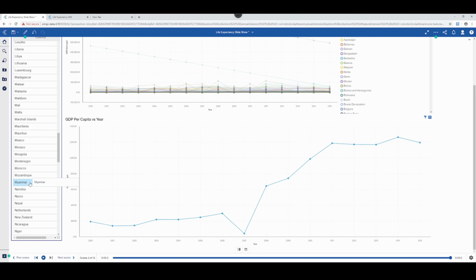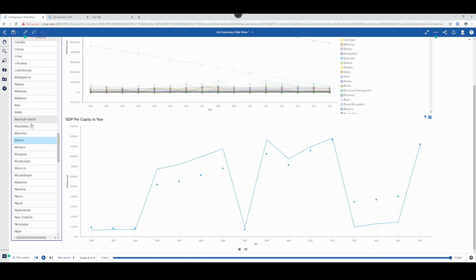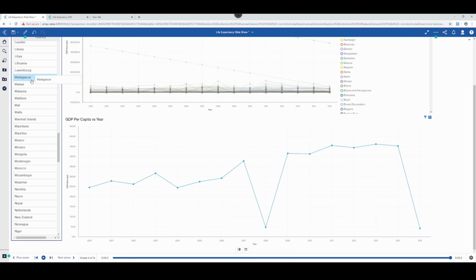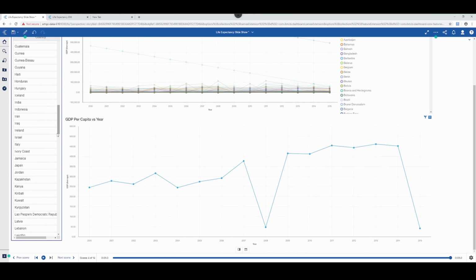It looks like they have a few places where they just completely drop. But anyway, I just wanted the user to see this because it doesn't look like this data can be reliable, or maybe the method in which it was collected wasn't consistent. All right, let's go on to the next scene.